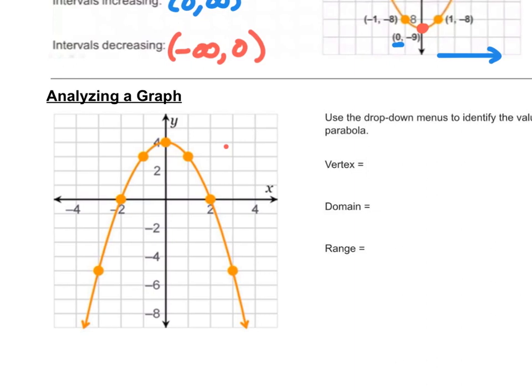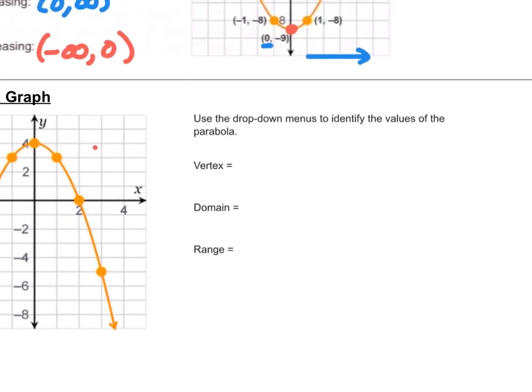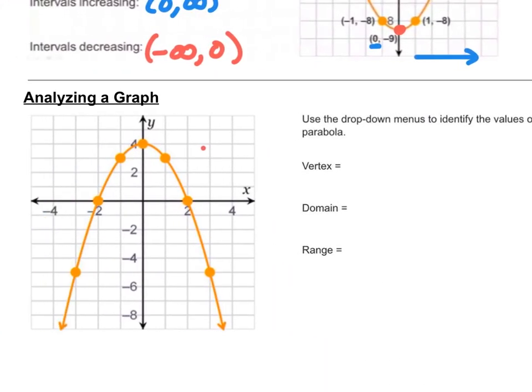Okay, here our vertex is here at the point 0, 4. Our domain goes from negative infinity to positive infinity. That's where our x values go, and that's going to be true for all parabolas.